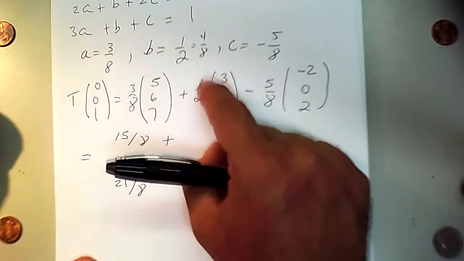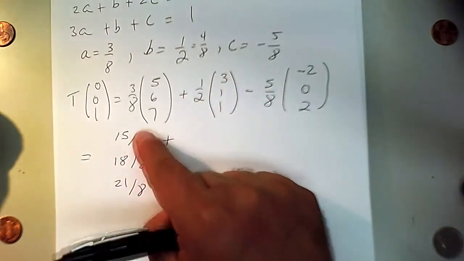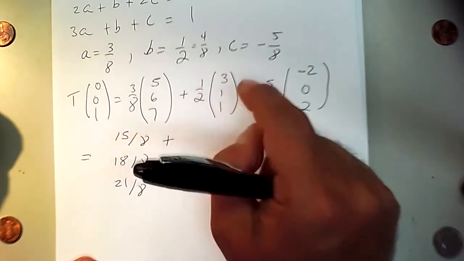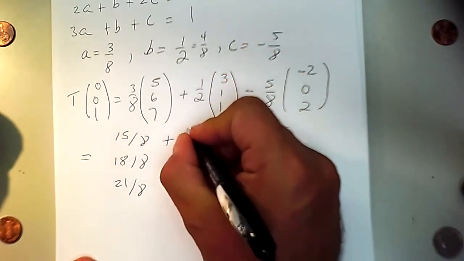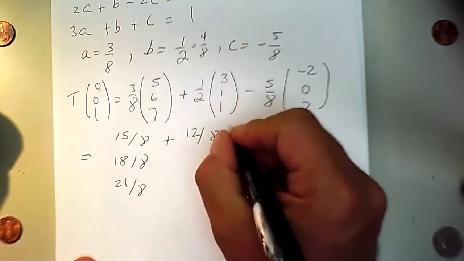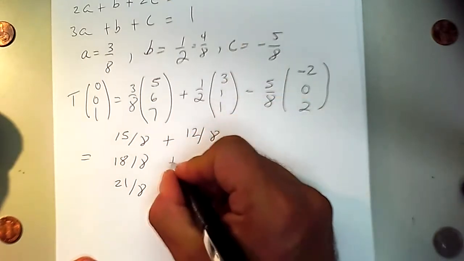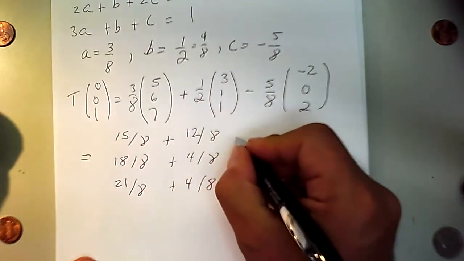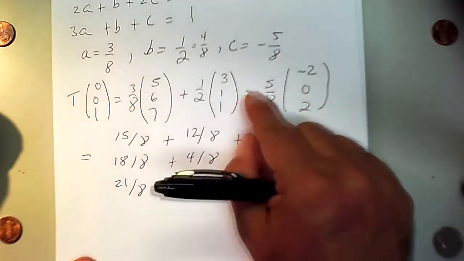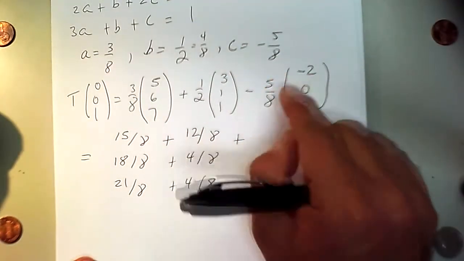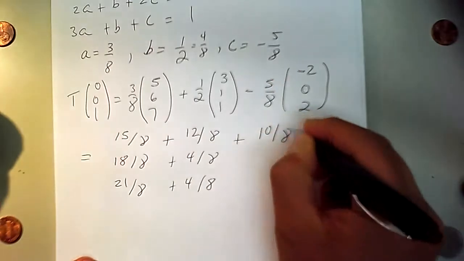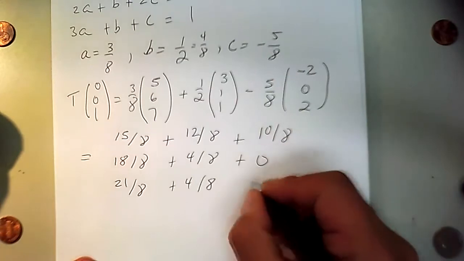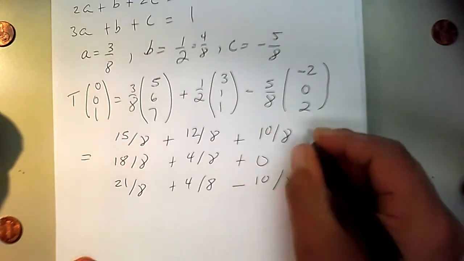Since I'm going to combine with eighths, might just as well think of this as 4 over 8. 4 times 3 is 12 over 8, 4 over 8 and 4 over 8. Plus, because I see a double negative, 10 over 8, 0, and minus 10 over 8.